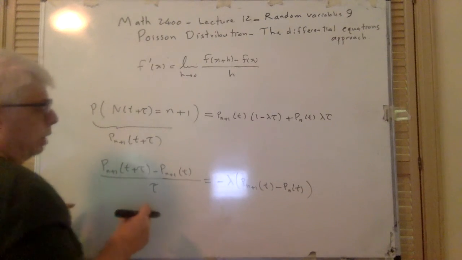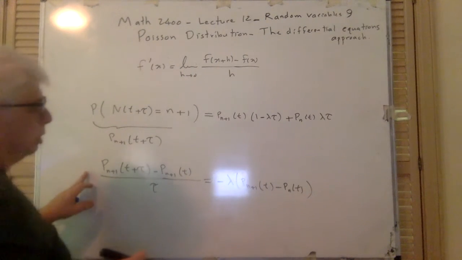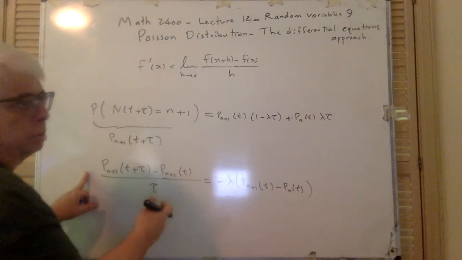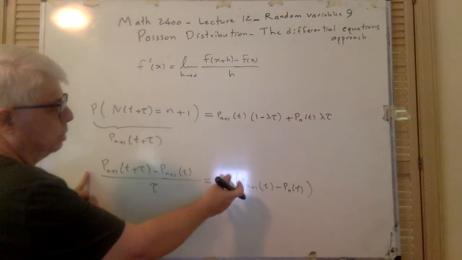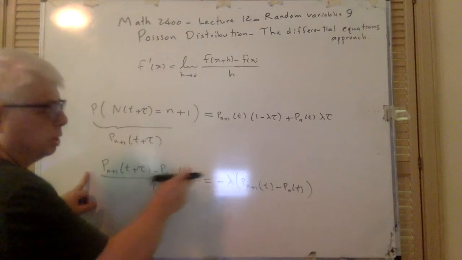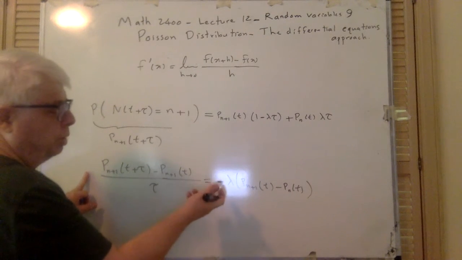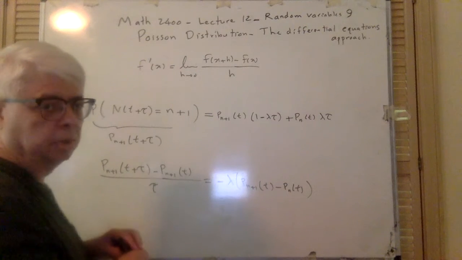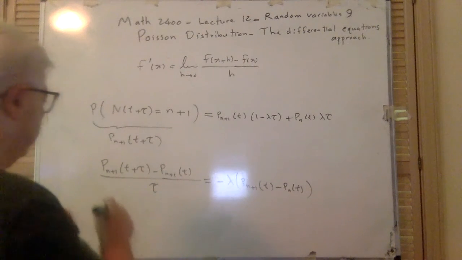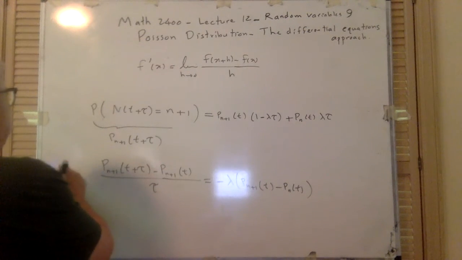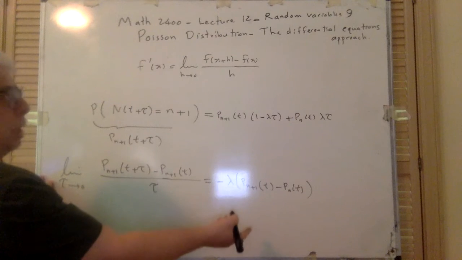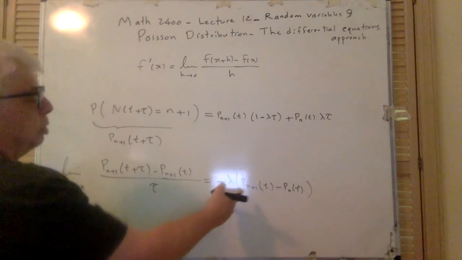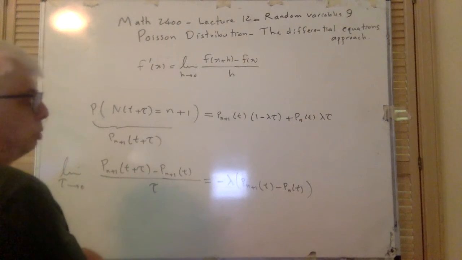So what if I set limit as tau goes to 0? There is no tau on the other side. Right? This doesn't depend on tau. On this side, there is no tau. So in the limit, it's the same thing. If it doesn't depend on tau, then the limit is also the same thing. So if I say limit as tau goes to 0, this side doesn't change, because it doesn't depend on tau.